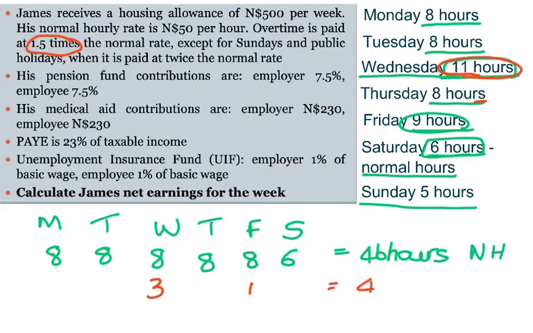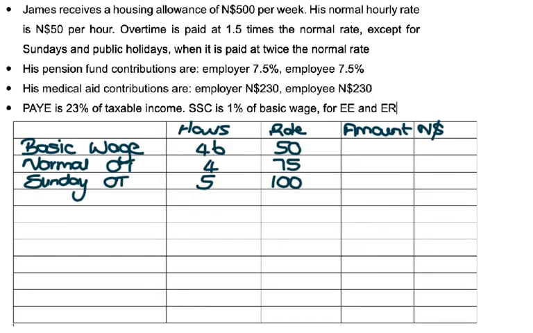I have 4 hours at 1.5. Then how many hours do I have at double pay? On Sunday, I have 5 hours, and that will be double pay. So in total it will be 5 hours at twice the pay. So we calculated the normal hours, also the normal overtime, and then the Sunday overtime.